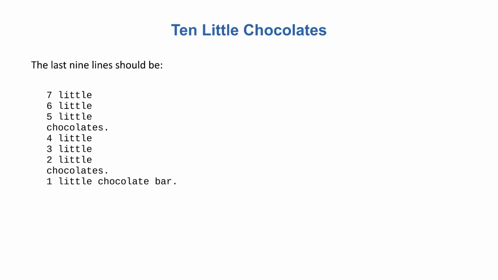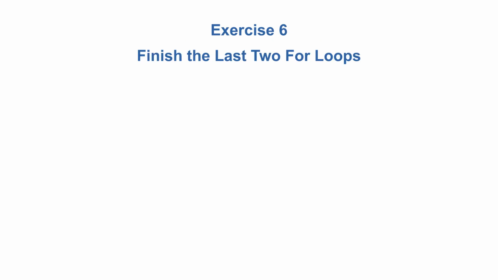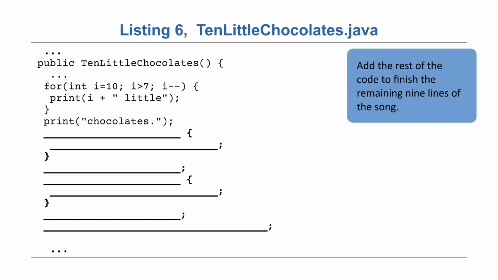Let's finish the song, getting all the way back down to just 1 little chocolate bar. The rest of the song goes like this: 7 little, 6 little, 5 little chocolates, 4 little, 3 little, 2 little chocolates, 1 little chocolate bar. Exercise 6. Finish the last 2 for loops. Add the rest of the code to finish the remaining 9 lines of the song. Run it. What happened?